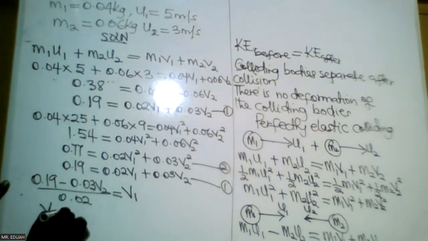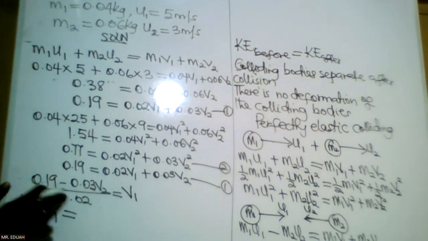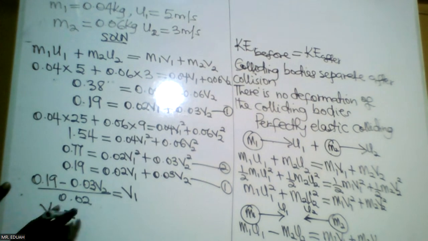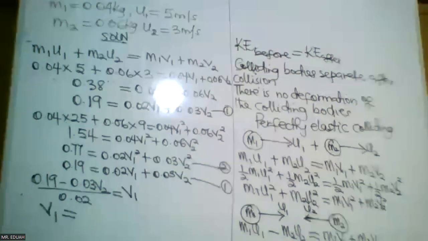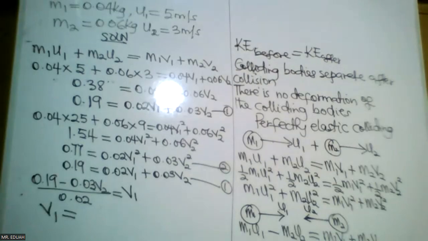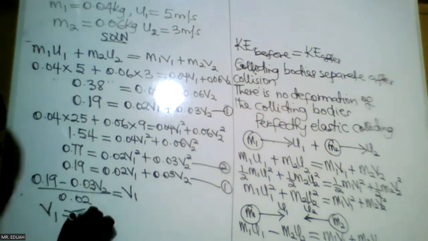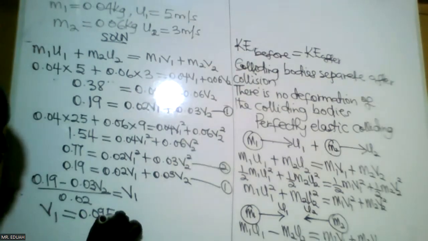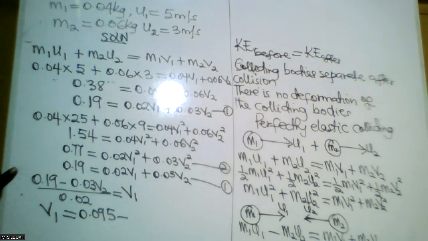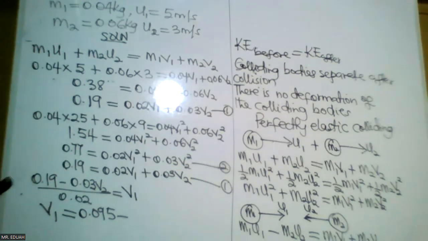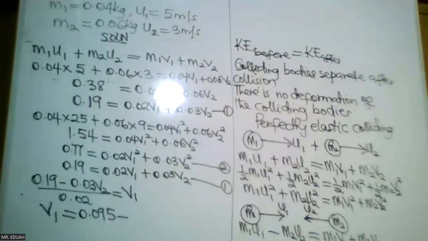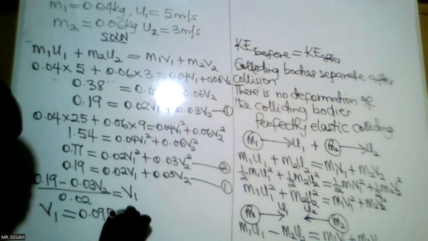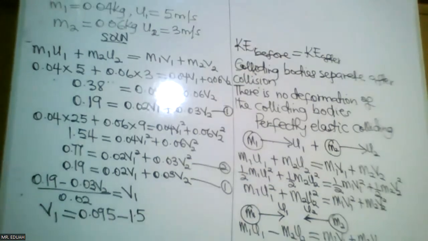So V1 will be equal to 0.19 divided by 0.02, which is 0.095, minus 0.03 divided by 0.02, which is 1.5.